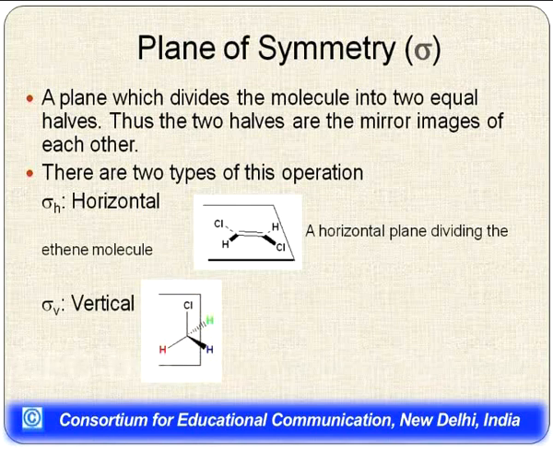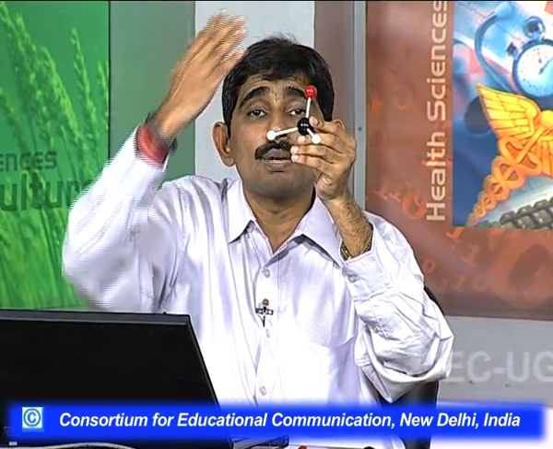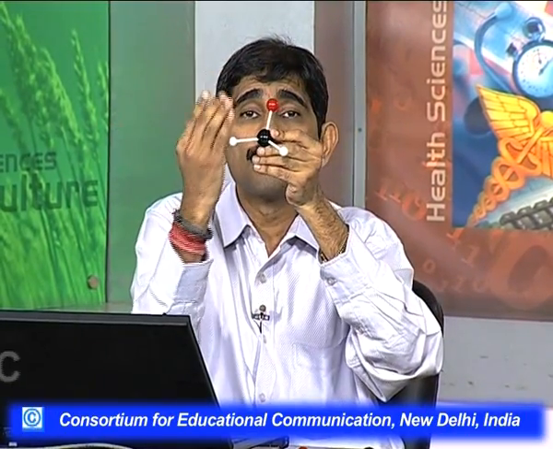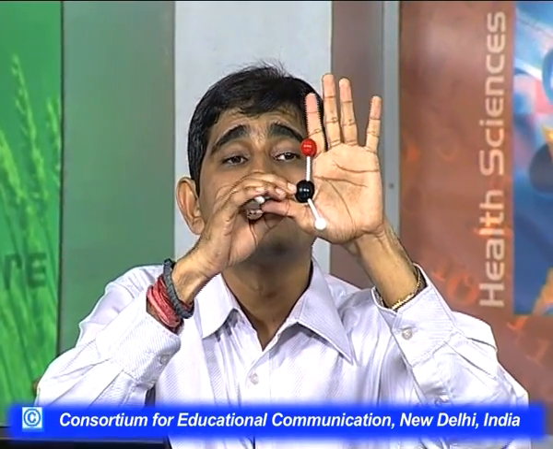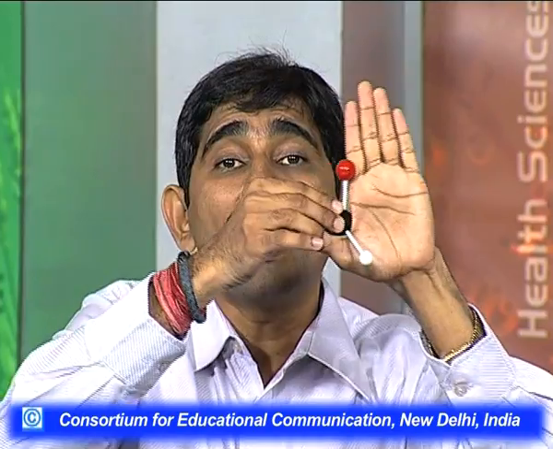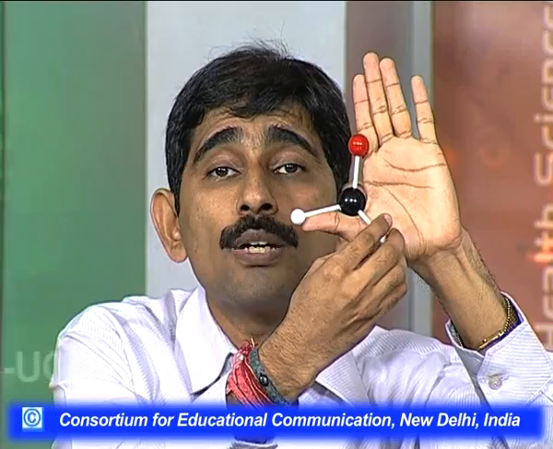Again going back to our best example, methyl chloride or chloromethane, we have a plane of symmetry existing in it. You can come back to this model and divide the molecule by placing a plane like this, as we did for the Van 't Hoff and Le Bel experiment.